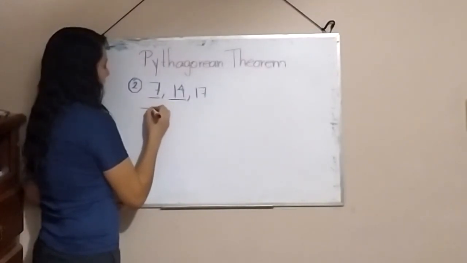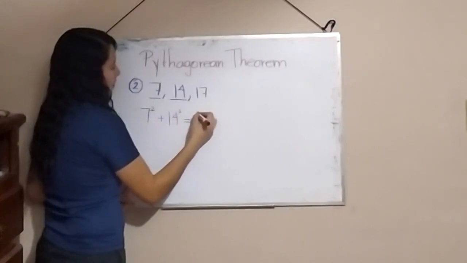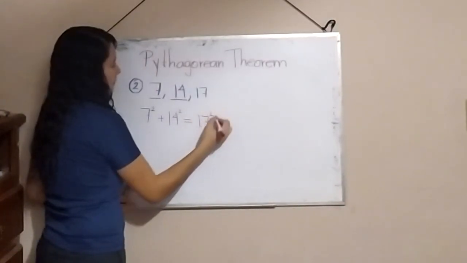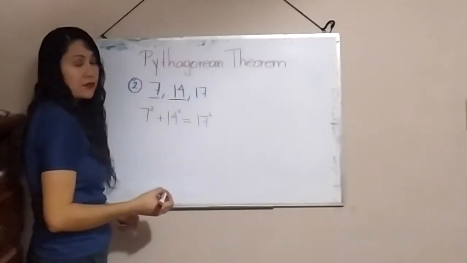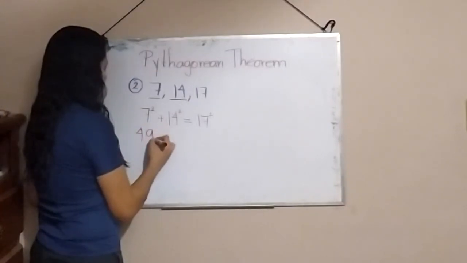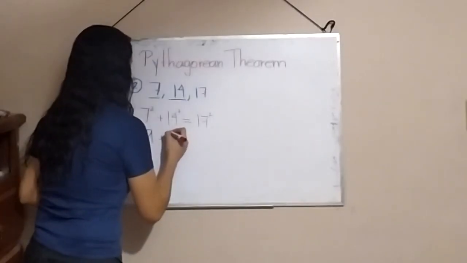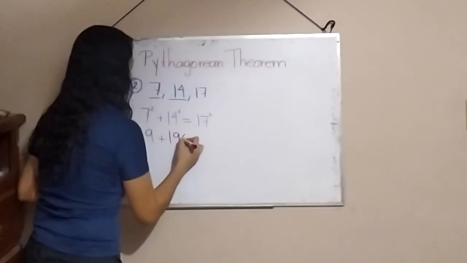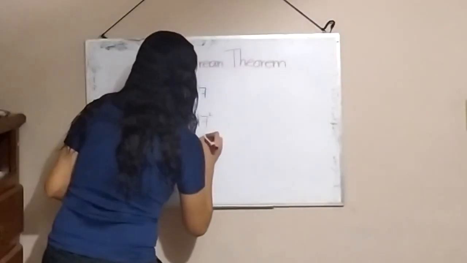The legs squared added will give us the hypotenuse squared. 7 squared is 49 plus 14 squared, 196, equals 17 squared, which is 289.